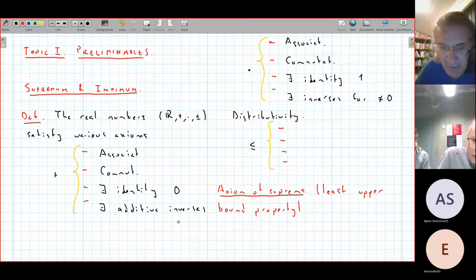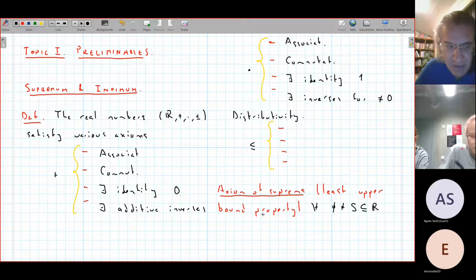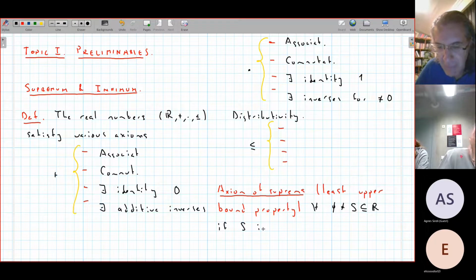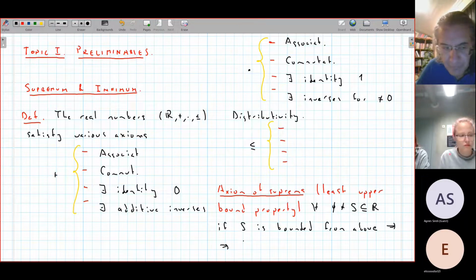One of the ways to express it is saying that for every non-empty subset S of R, if S is bounded from above, then S has a supremum which lives in R.